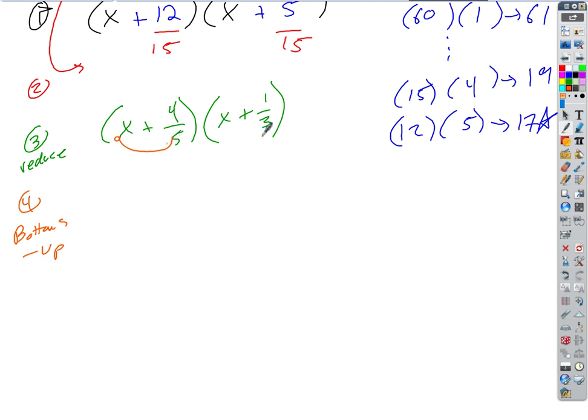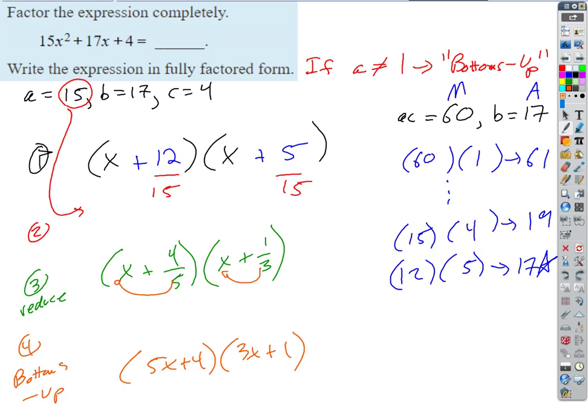So the 5 goes up front, the 3 goes up front, and so our answer is 5x plus 4 times 3x plus 1. And if I multiply that out, I should get that. It works. Okay? If you can do that, you can pretty much do anything, right?